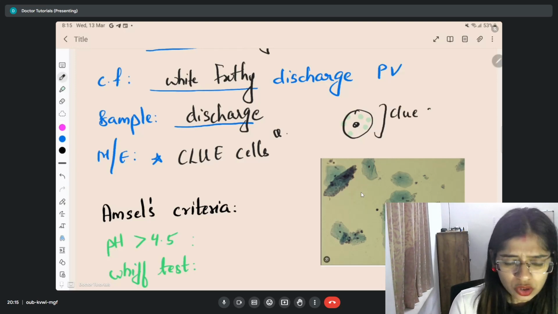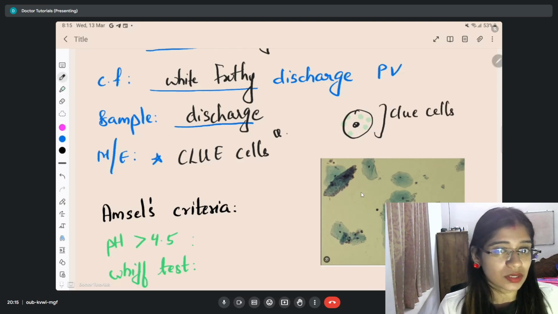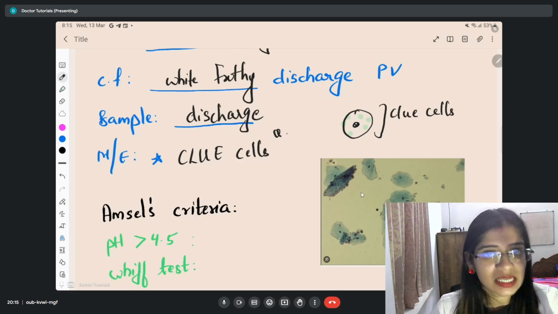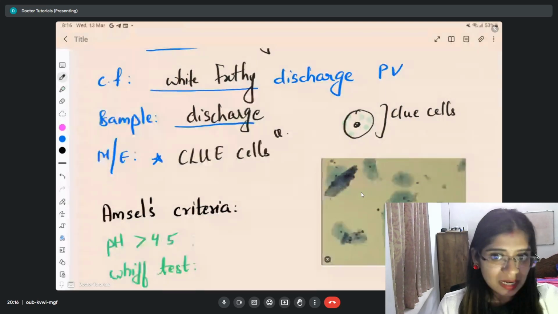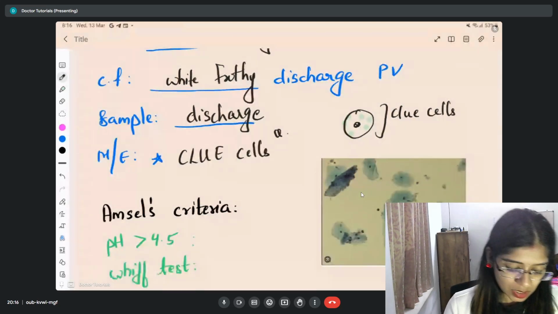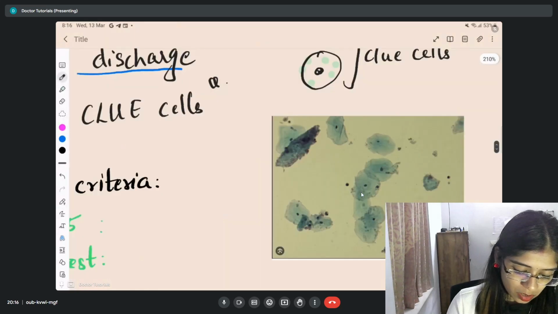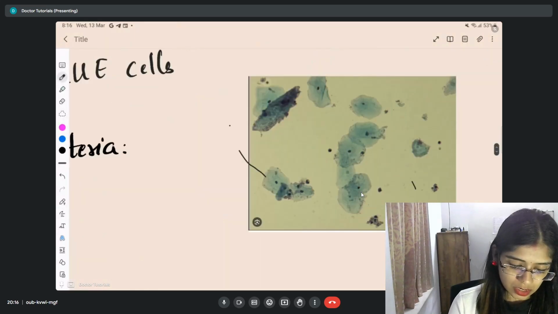See, it's giving us a clue that, yeah, this is bacterial vaginosis. Basically, it's nothing but the epithelial cells of the vagina with the bacteria sitting on top of it. So that picture is called a clue cell. So how does a clue cell look, guys? Clue cells look like this one.